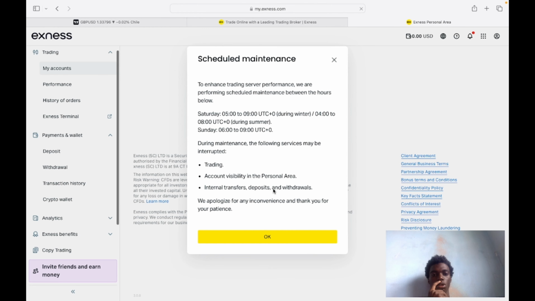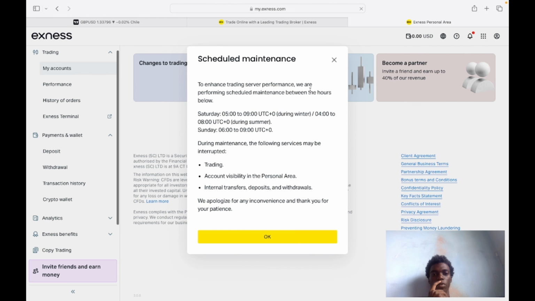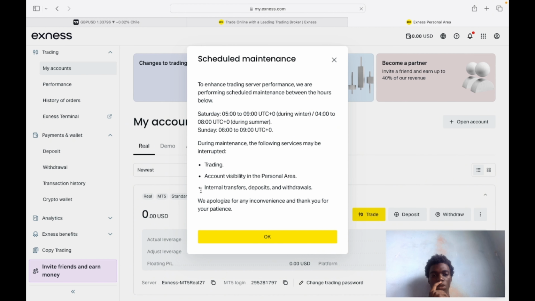To enhance our trading server performance, we are performing a scheduled maintenance between the hours below, Saturday to Sunday. During maintenance, the following services won't be interrupted: trading account visibility in personal area, internal transfer, deposit, and withdraw.